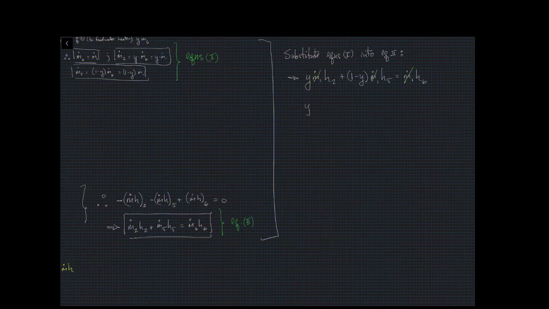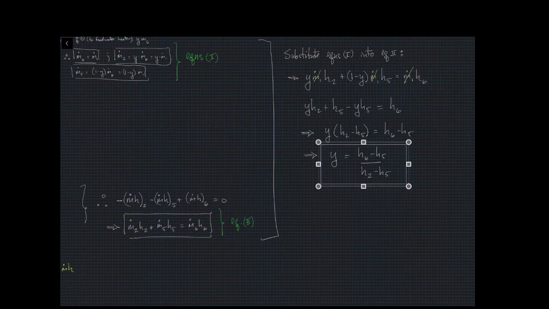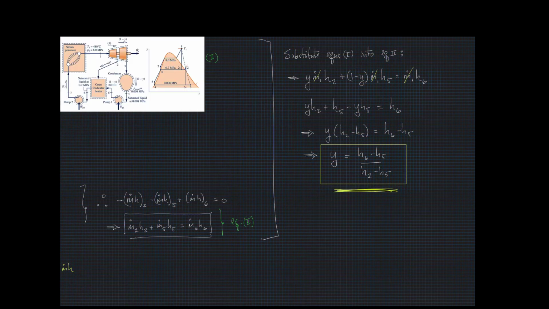So lo and behold, all these m dot 1s cancel, and we're left with a single expression in terms of y and h's, which is the goal of this exercise, right? Doing a little algebra here to isolate the y, and voila, we have the mass flow rate that neatly comes out as a function of the enthalpies of the inlet and outlet flows at the end of the day.